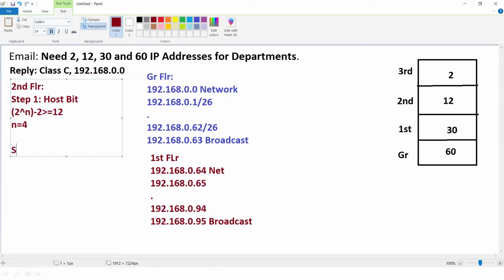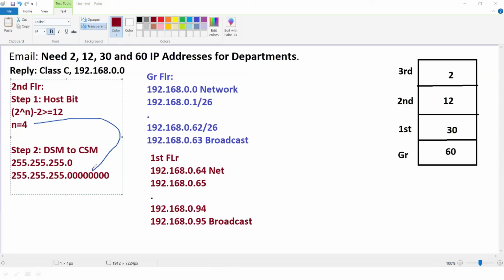Okay. Next step is DSM to CSM. The default subnet mask is 255.255.255.0. The customized subnet mask will be 00000000. Here, according to step number 1, the host bits are 4.